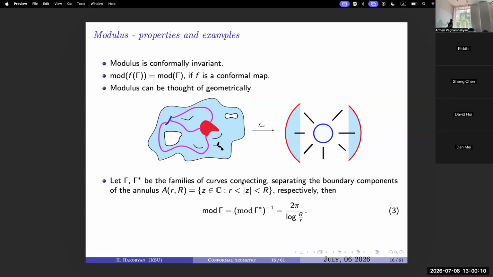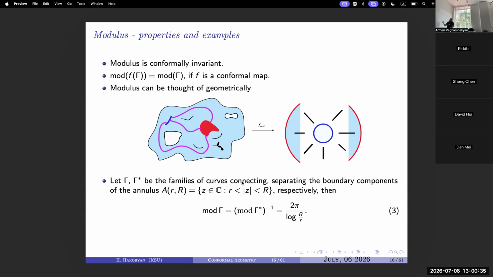Here is one way to see that. There is also this important property: if you have a family gamma and gamma star is the transversal family which hits every curve from the original family, you have this reciprocity, this duality, that one modulus is equal to 1 over the other.